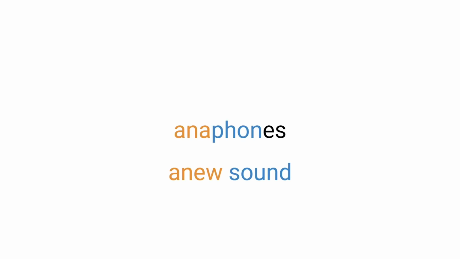That is, what should I call a phonetic anagram? If there are any linguists in the audience, I would really like to know if there's already a word for this. I wasn't able to find it. So instead of calling them anagrams, I'm going to call them anaphones. Literally a new sound.